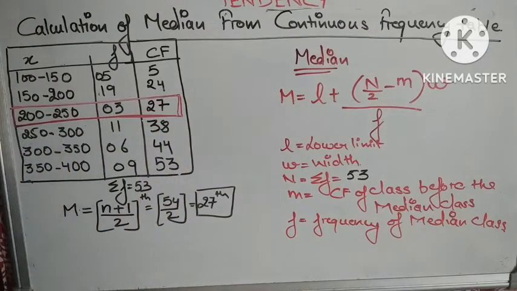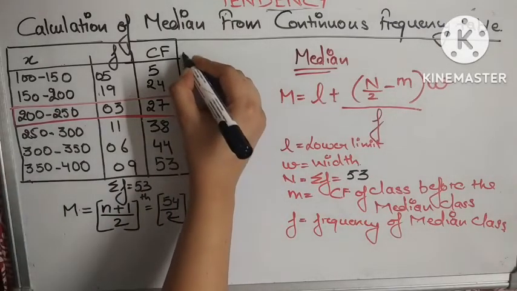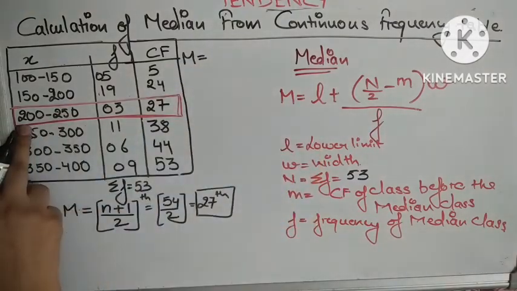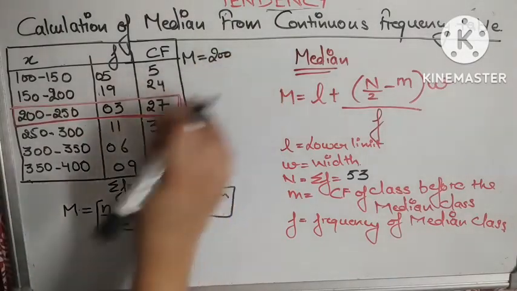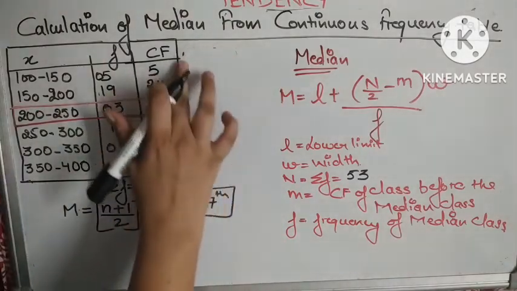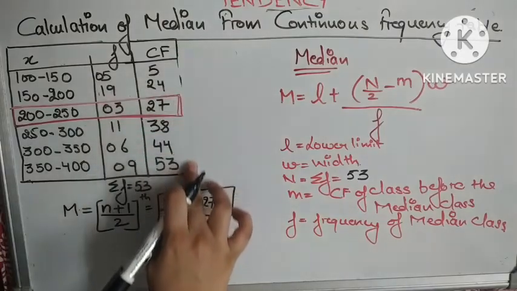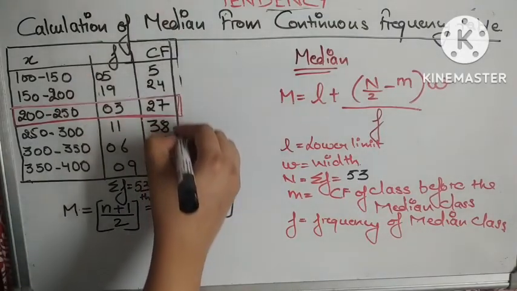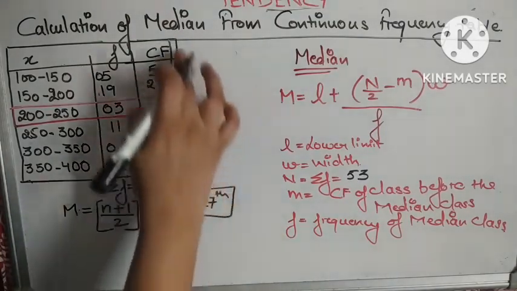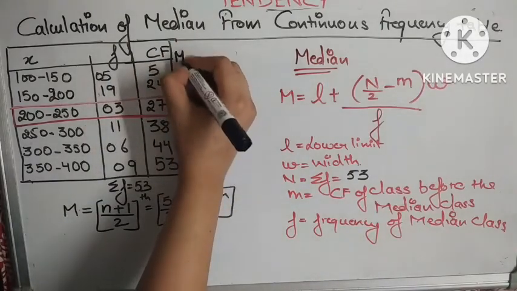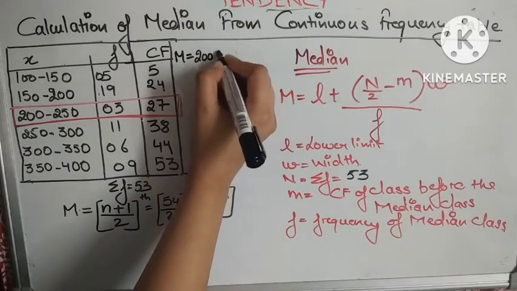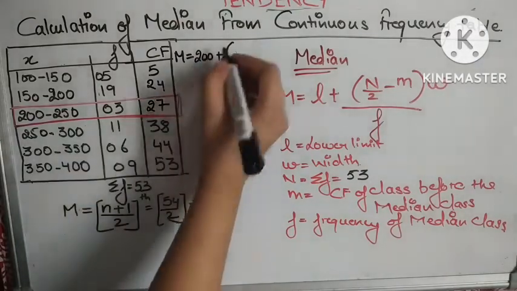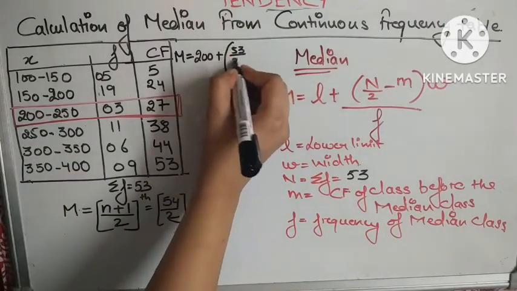Now I have to put the values into the formula. The lower limit of this class is 200. So M is equal to L, the lower limit 200, plus n, which we calculated as 53, by 2.